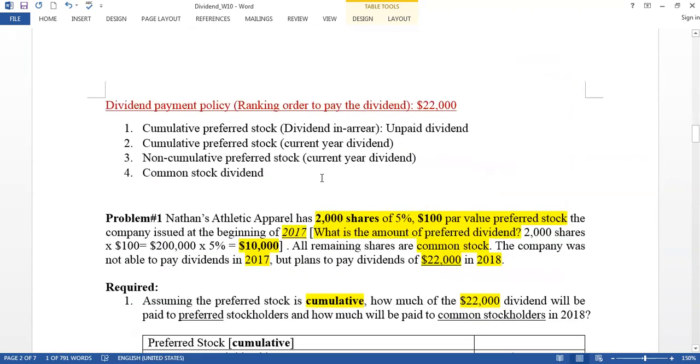And when we make the ranking, the first is previous year unpaid dividend for cumulative, then cumulative current year dividend, then non-cumulative preferred stock, then common stock.